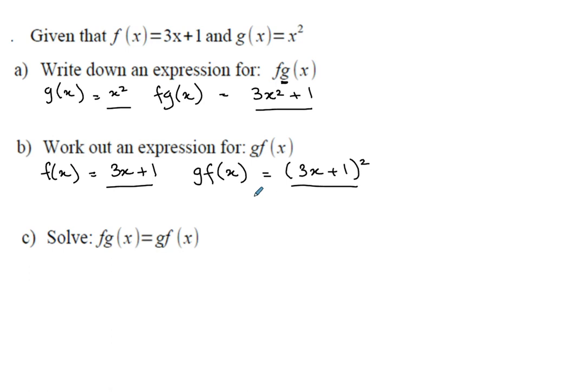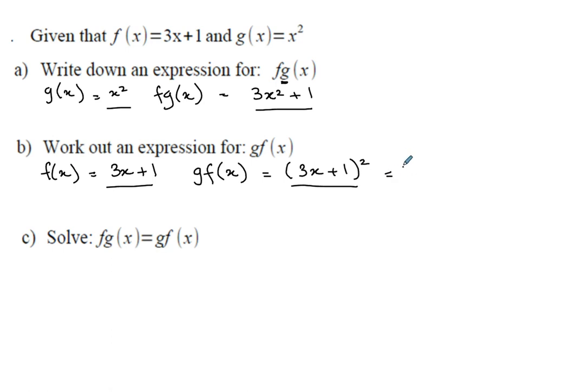Okay, cool. Solve fg of x equals gf of x. So you can tell that would be equal to that. So we do have to expand it out here, and we might as well expand it out here.